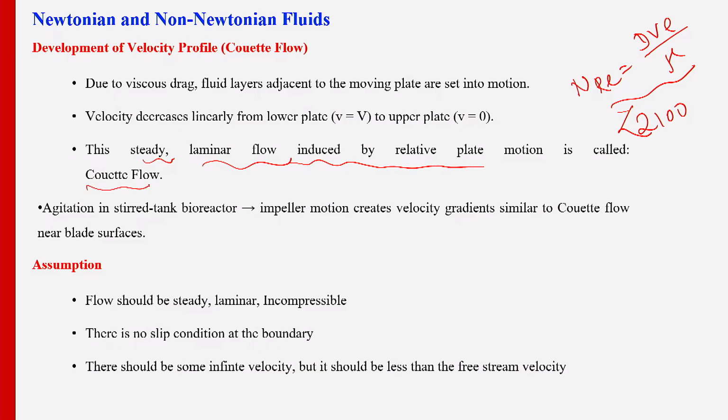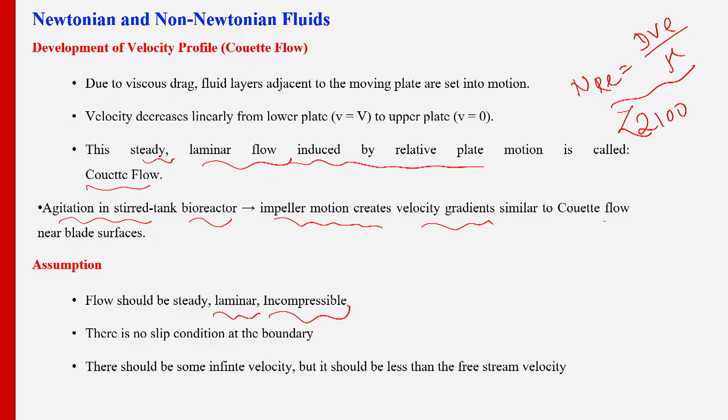Where do we use this? Normally it is used for agitation in the stirred tank bioreactor. For the velocity profile, especially impeller motion creates a velocity gradient similar to Couette flow near the blade surfaces. So, what are the assumptions here? The flow should be steady, that is steady state, and laminar, and also incompressible.